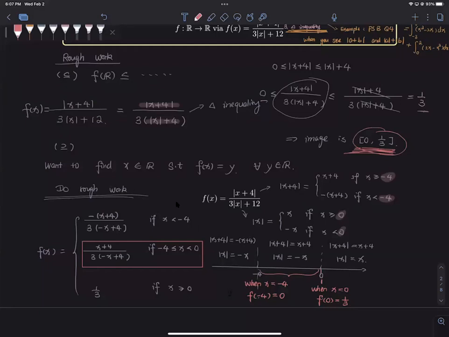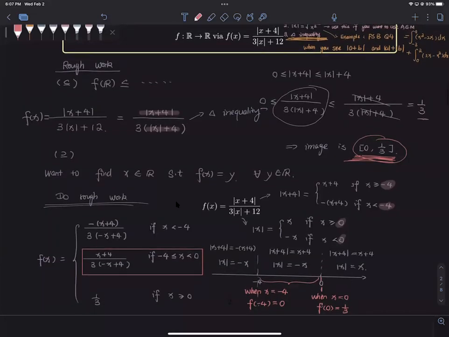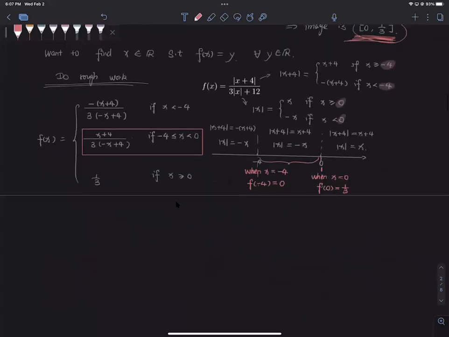Now move on. I can't believe my rough work takes this much space. So now I have y equals to this, and now I can just isolate for x. So we pick the middle piece.